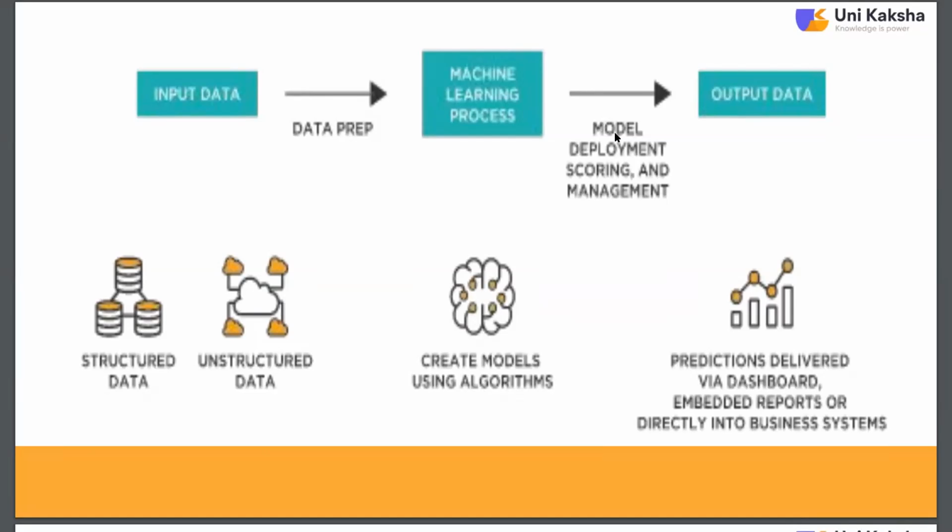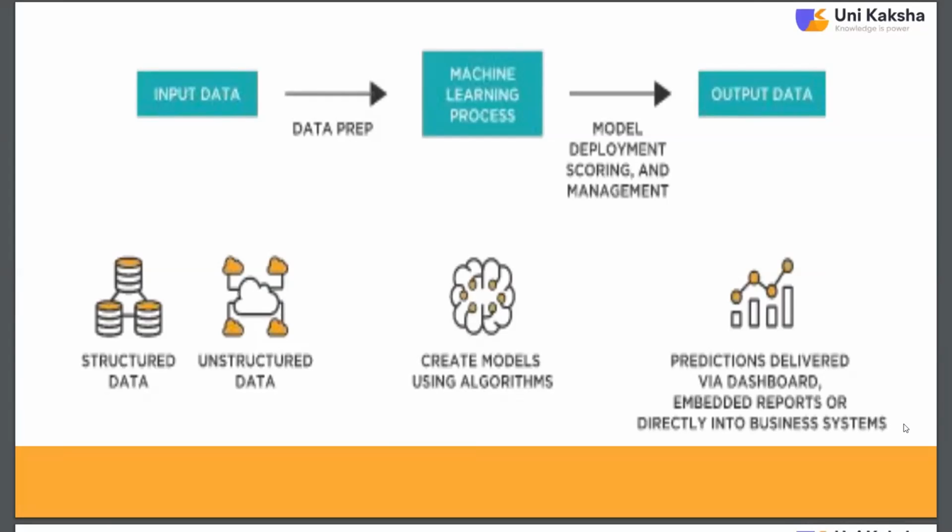Suppose we have a data set of cricket players from different countries, with columns like their scores, number of matches, number of hundreds, and number of 50s. This kind of data set is structured data. You can directly get to know what the different things are, and they are in a proper format.